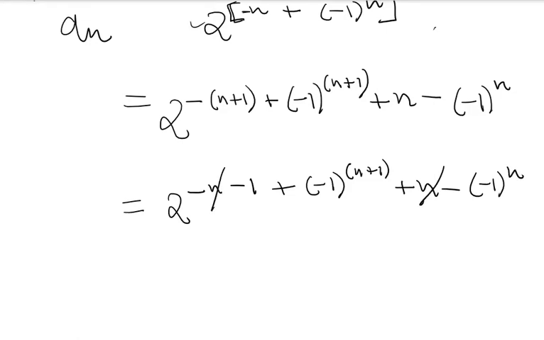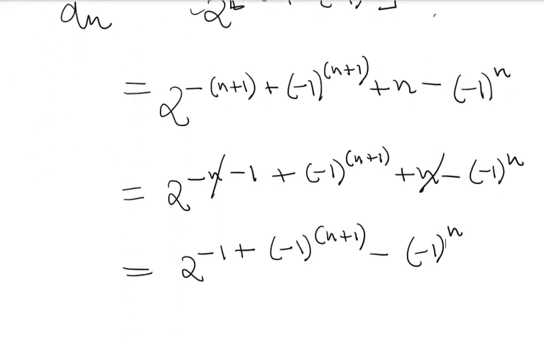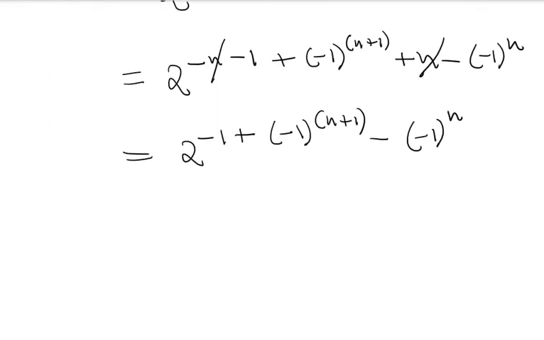Positive and negative n cancel, so eventually you are left with 2 to the power minus 1 plus minus 1 to the power n+1 minus minus 1 to the power n. You can further solve this, but there is no need, just write it as a_(n+1) divided by a_n.